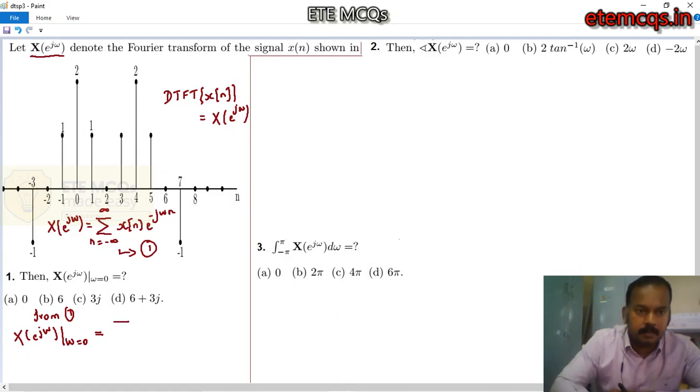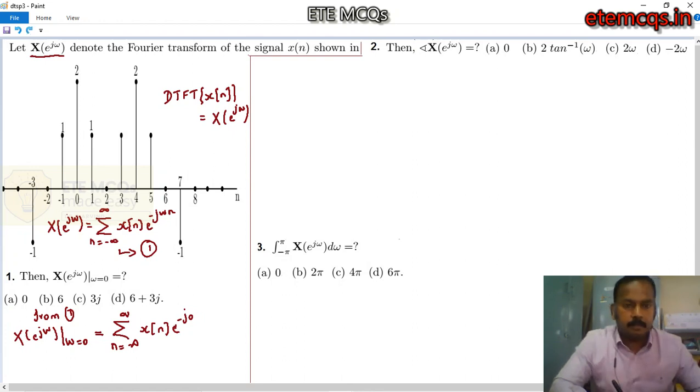So you will have summation n equal to minus infinity to infinity x of n into e power minus j 0 into n, and e power minus j 0 into n is 1. So you will have only x of n.